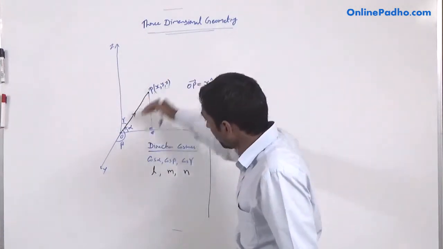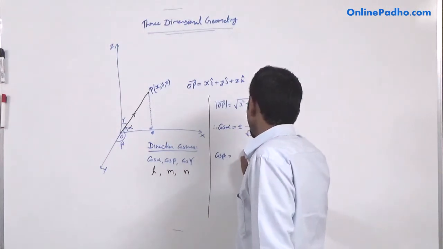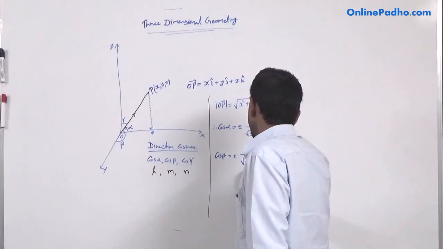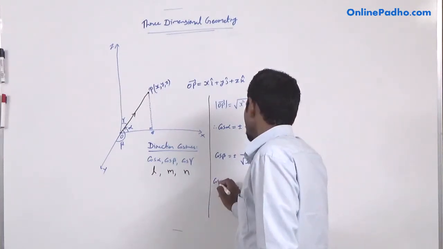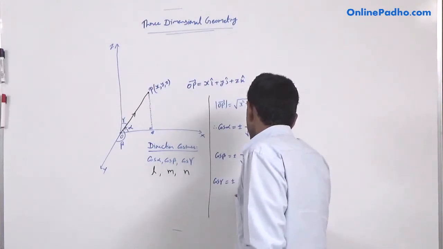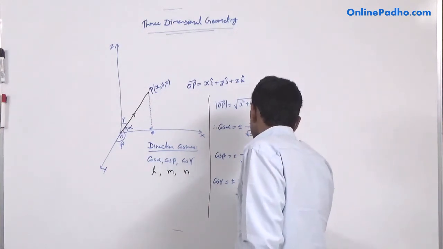If you draw the perpendicular to the y-axis, you will get cos beta, that is plus minus y divided by square root of x square plus y square plus z square. And cos gamma can be written as plus minus z divided by square root of x square plus y square plus z square, right?